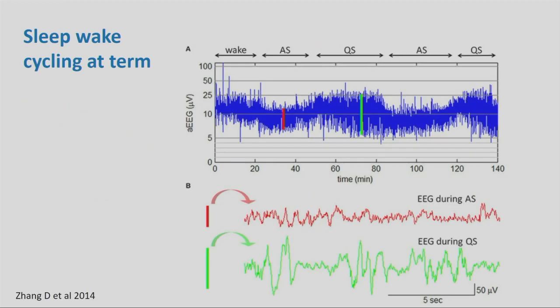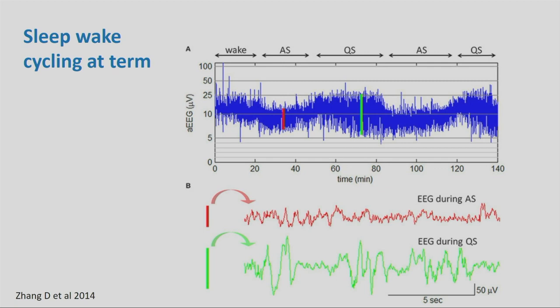And what you can see here in this term baby is that nice sleep-wake cycling. So this is during active sleep and wakefulness, when the EEG activity is low amplitude, mixed activity, and in quiet sleep where you have tracé alternant, where you have high amplitude activity and lower amplitude activity, giving you a wide band.